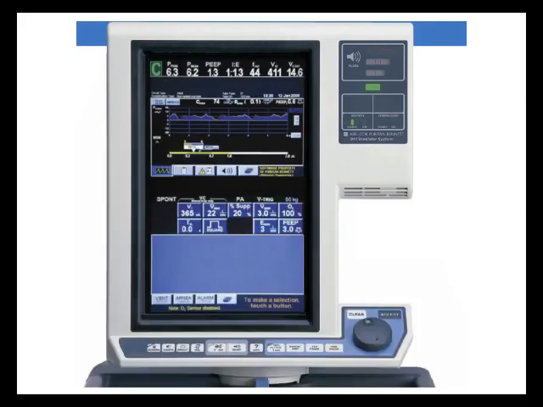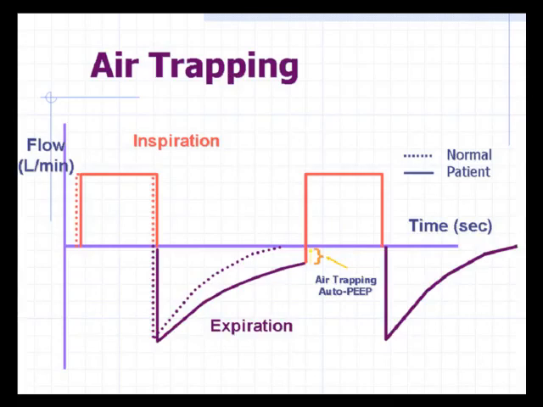Now, how do you know if you're dealing with these problems? How do you know if your respiratory rate needs to be dropped even further? Well, the best way is if your ventilator could show you a flow waveform, which looks like this, then you'd have the ability to actually see this. Now, the dotted line is the normal expiratory pattern.